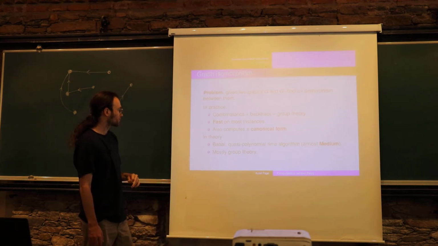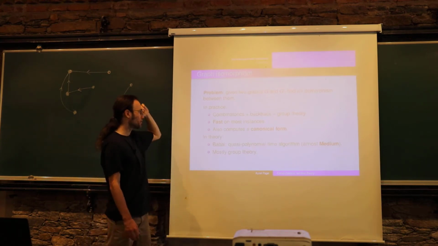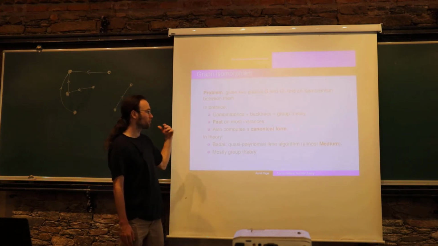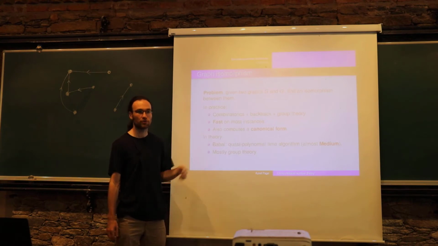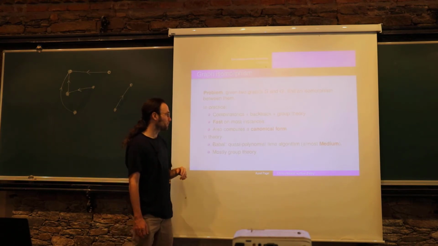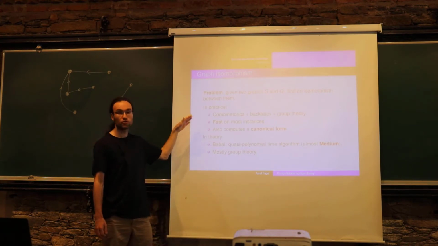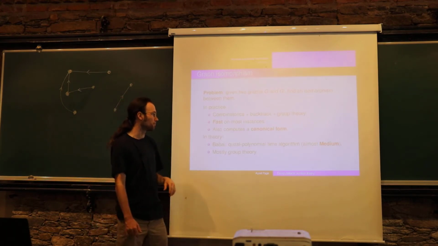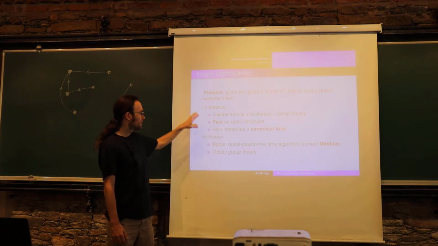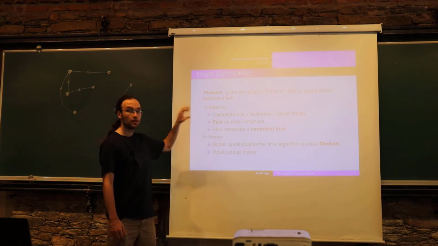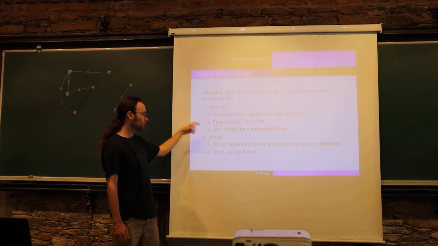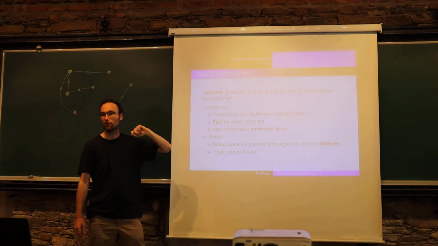So in practice, there are some quite good algorithms to do it. They use a combination of backtracking, some combinatorics, some group theory, and they are fast on most instances, even though you can find hard instances. And not only do they allow you to compute isomorphisms and automorphisms, but they also allow you to have a canonical form for graphs up to isomorphism.